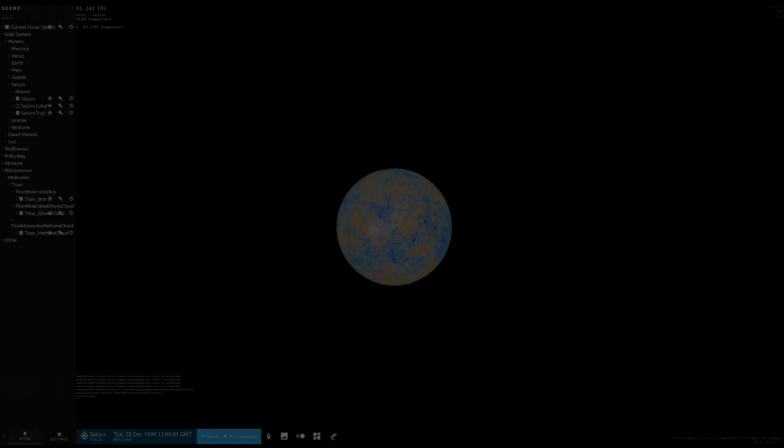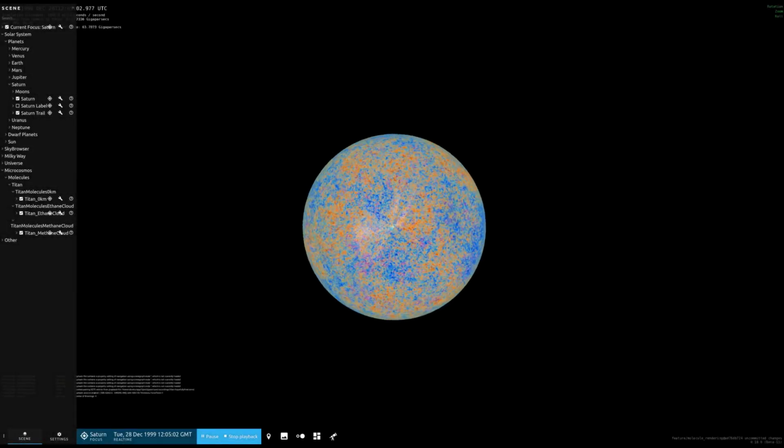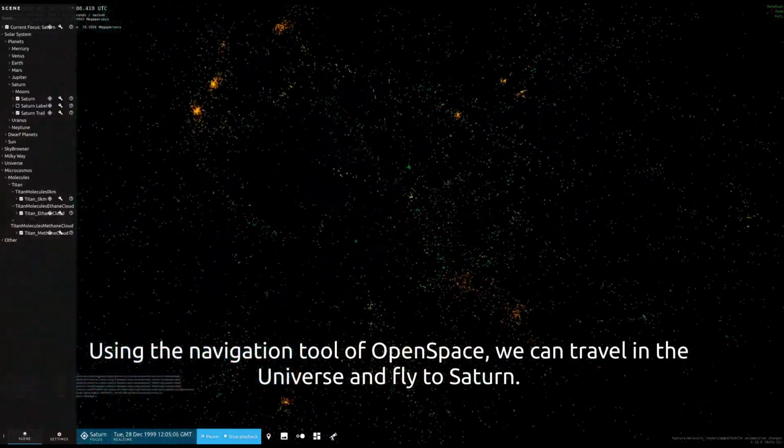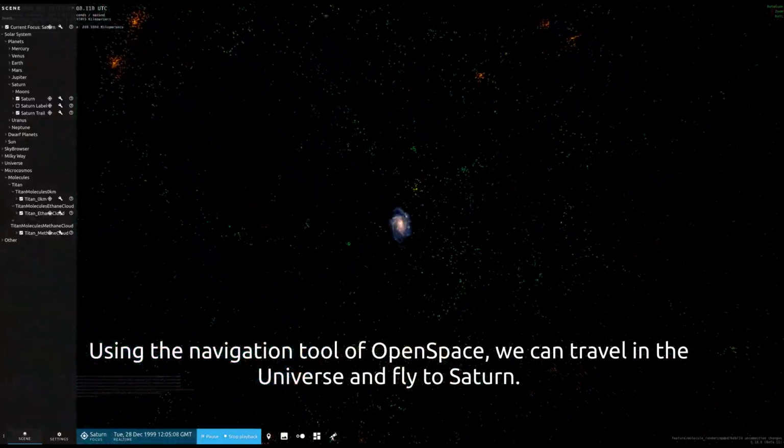Use case 1, Atmosphere of Titan. Using the navigation tool of OpenSpace, we can travel in the universe and fly to Saturn.